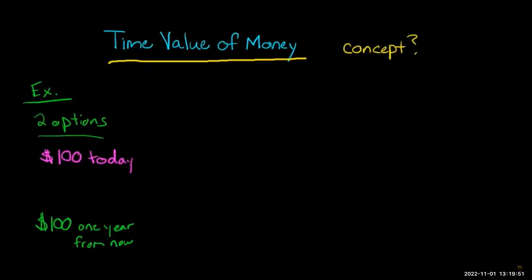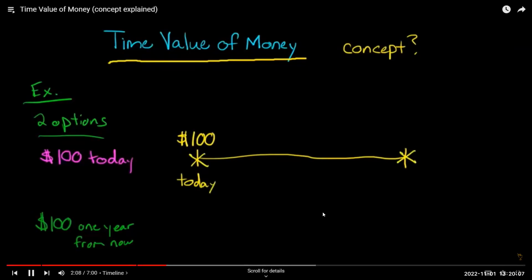Now let's illustrate this with a little timeline here. In this option, we're getting the $100 right here, which is today. And over here, this is 1 year from now.